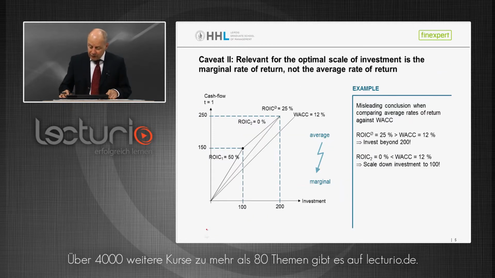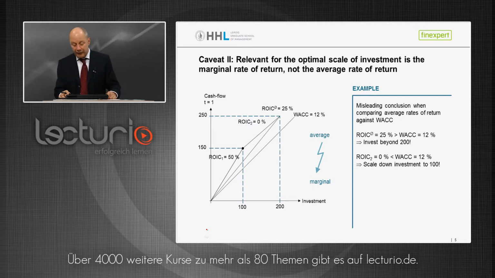This argument is also to be analyzed very carefully, because the point that I want to make here is that the figures that we see in our calculation formula are the average rate of returns on all our newly acquired assets.